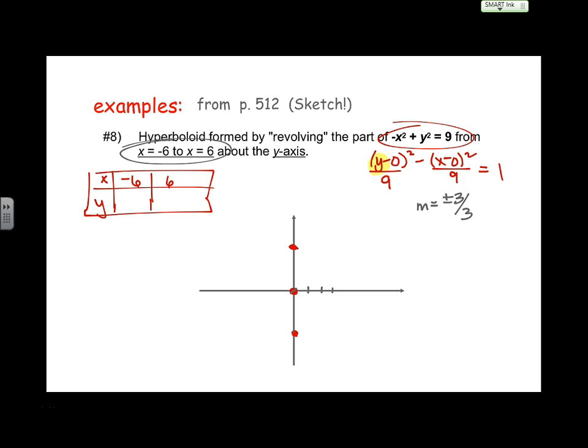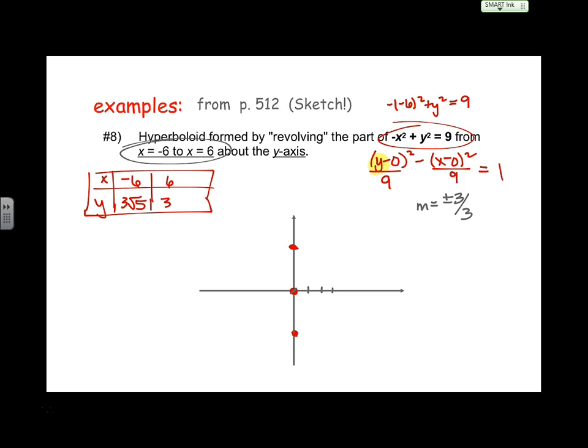Add to the other side, we'd end up with a positive 36 and 9. Would that be 45? Add to this side, we have 45. So square root of 45 would be 3 root 5.